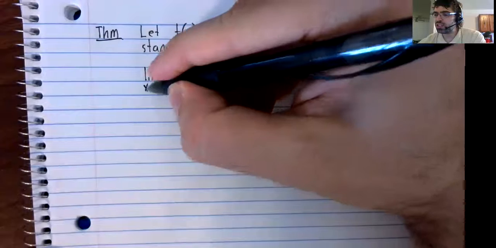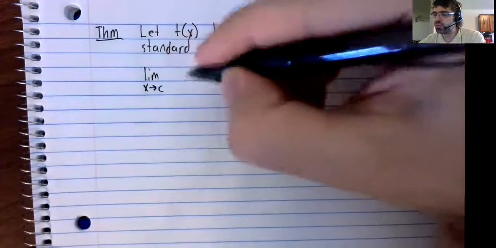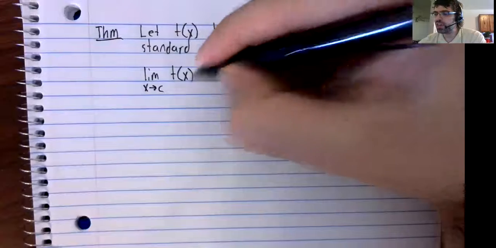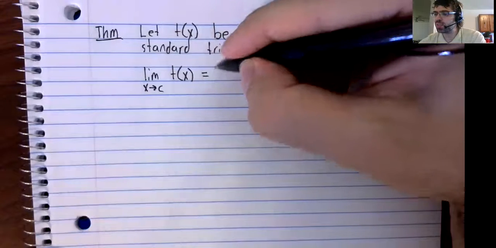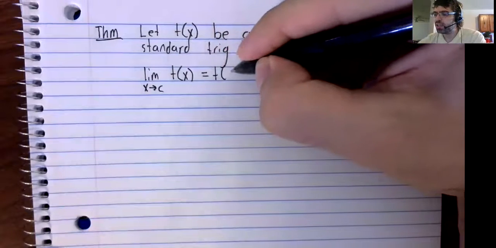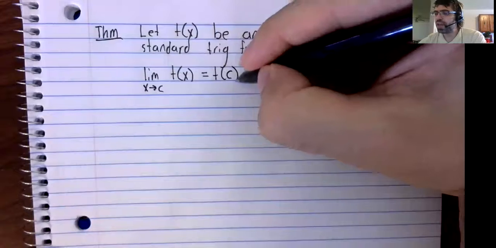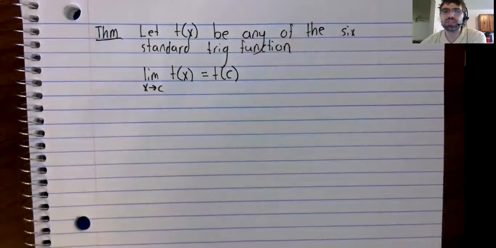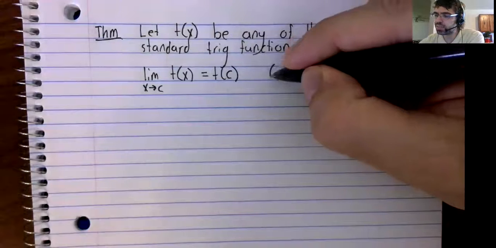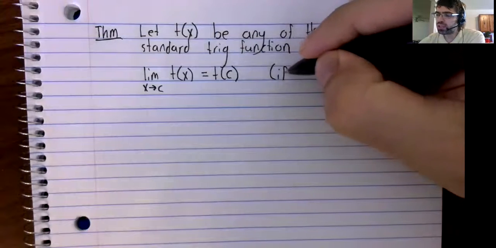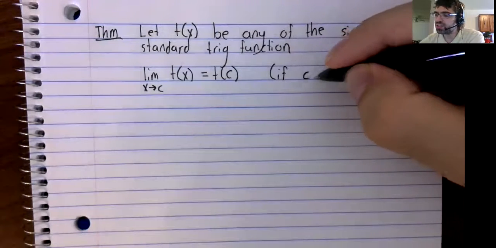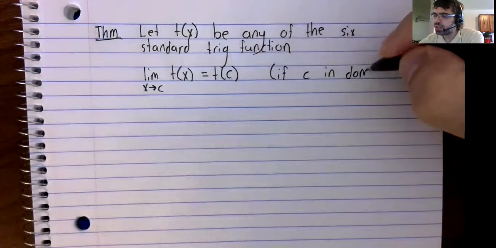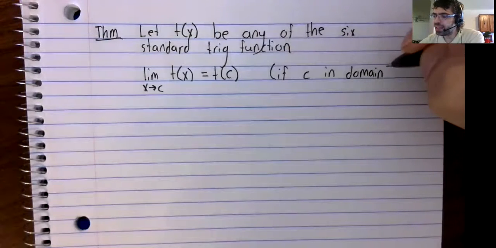Then the limit as x approaches c of a trig function can be gotten by simply evaluating the trig function at c, if c is in the domain.